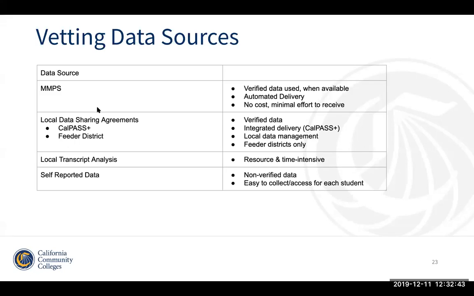Obviously, verified data is desirable, and I think a lot of colleges would agree that it is desirable to have access to the verified data, and that really is the design and intent of MMPS. The Chancellor's Office wanted to be able to provide verified data.